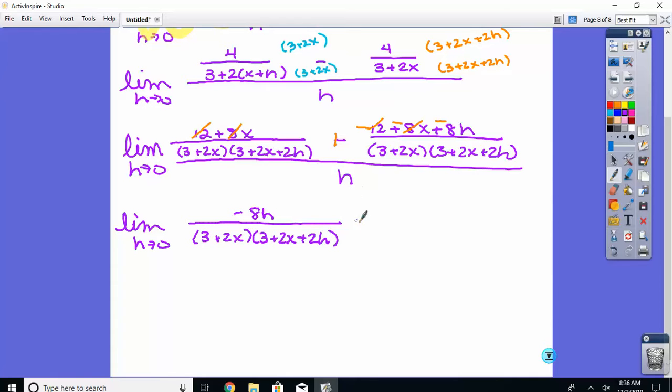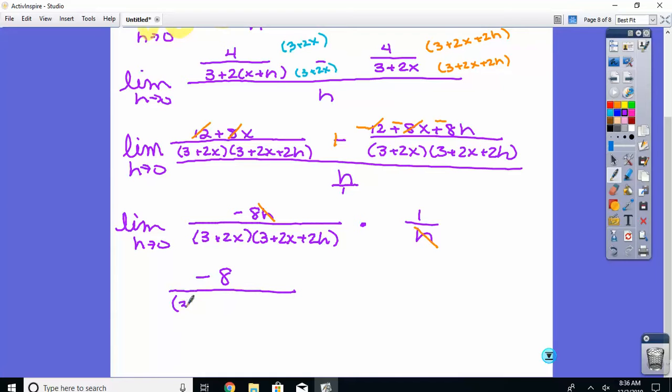And I'm going to rewrite this, instead of one big fraction, that's like an h over 1, so you could flip and multiply by 1 over h. So then what could we do? Right. Drop that h out. Now we can plug in our 0. The reason we couldn't before is because we got a 0 on the bottom, but we no longer have that issue.